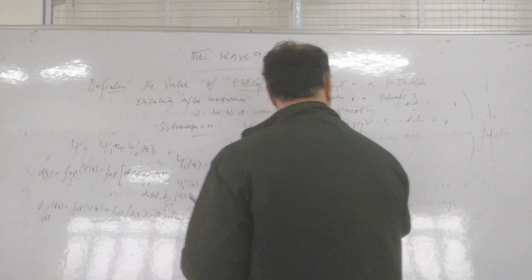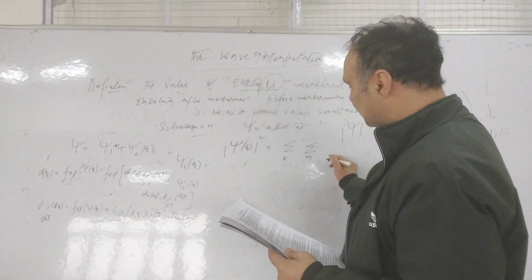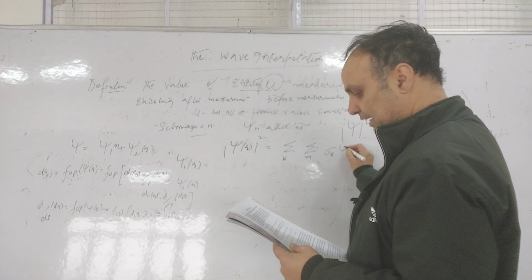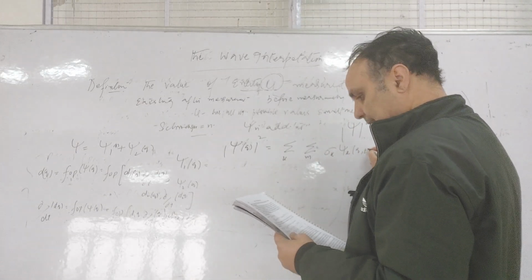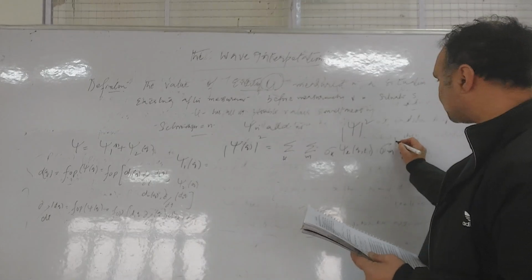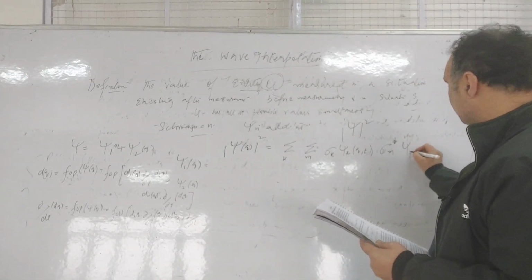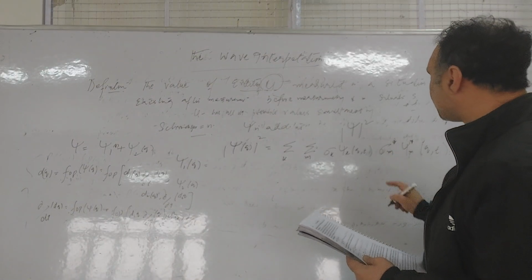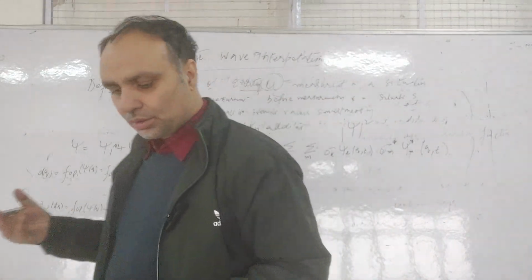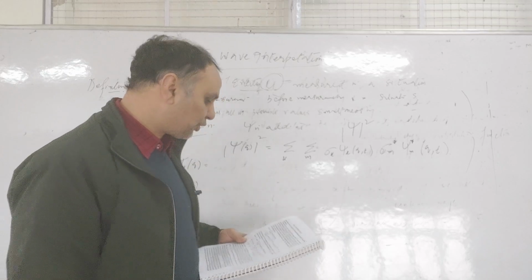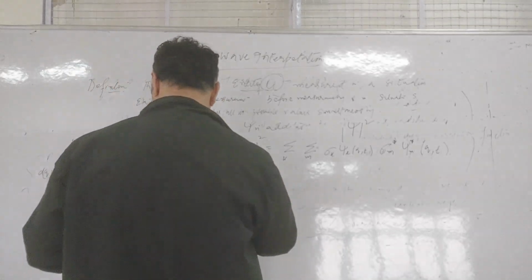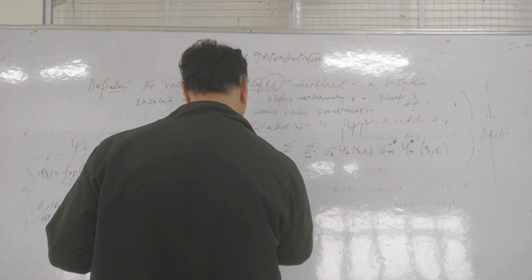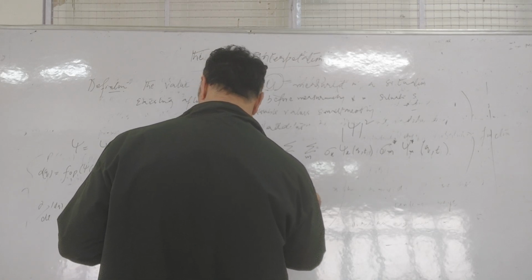So we can represent one of the wave functions as sigma k psi k of q, t, another as sigma m psi m star of q, t. K can be equivalent to m or not. So we can also have m greater than or equivalent to k.